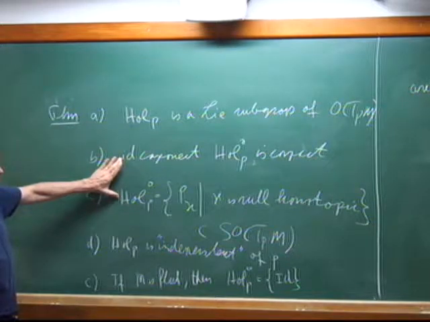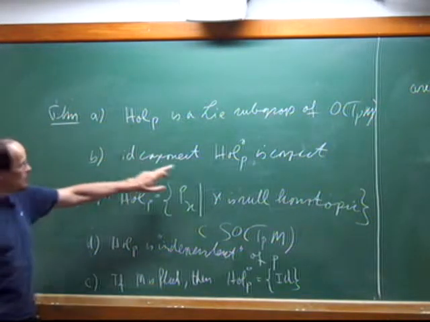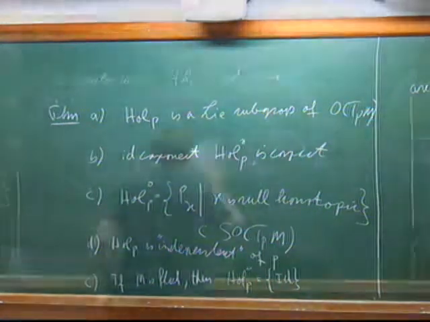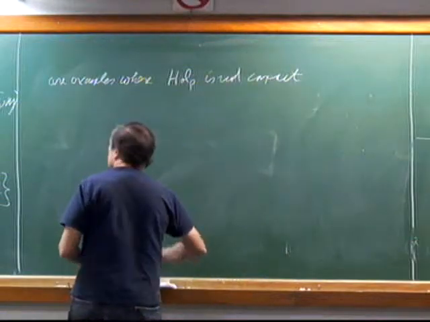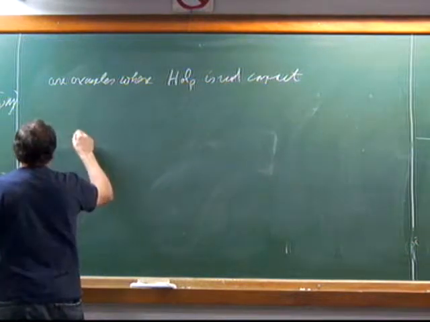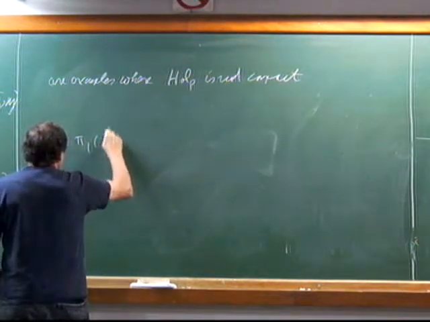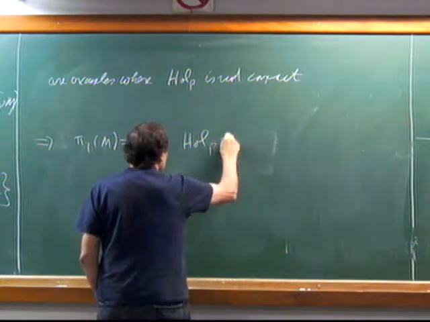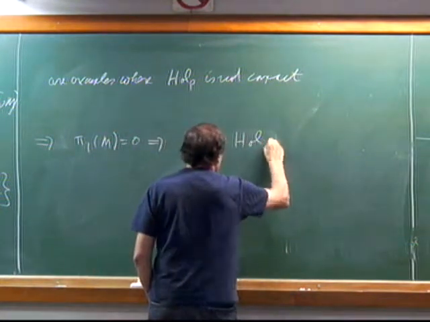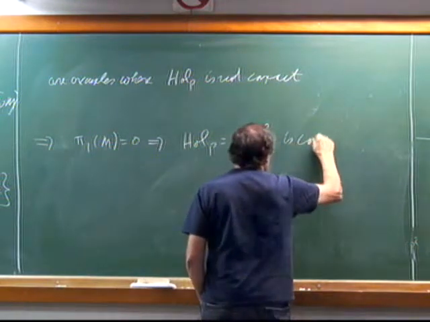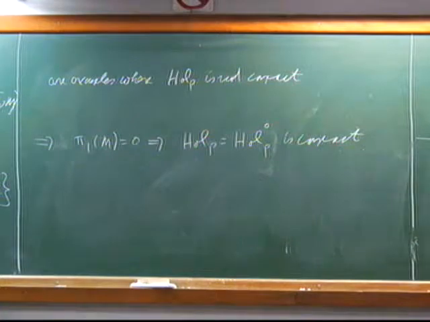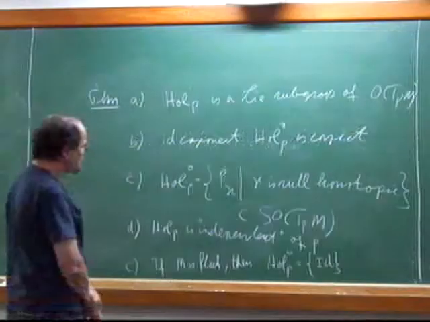Because then Hol_P is just the identity component of the group, and part B says it's compact. So one consequence is that if pi_1 of M is 0, then the full holonomy group is its identity component and is compact. So that's something important we're going to use sometimes.